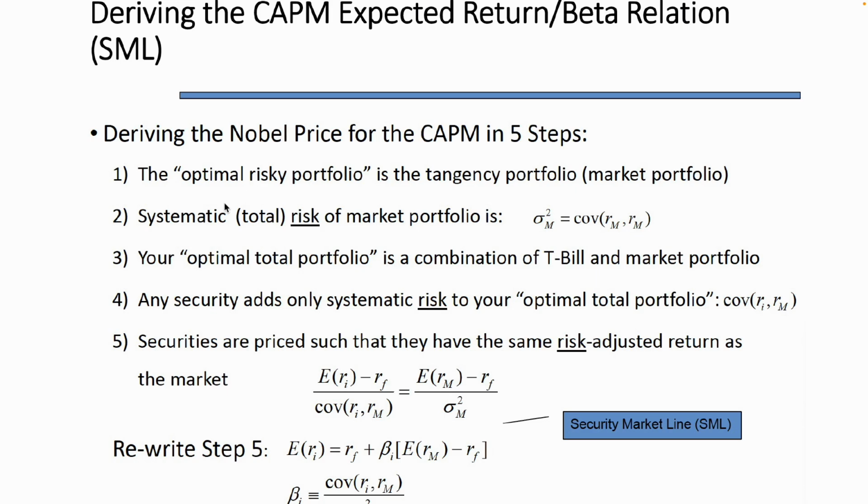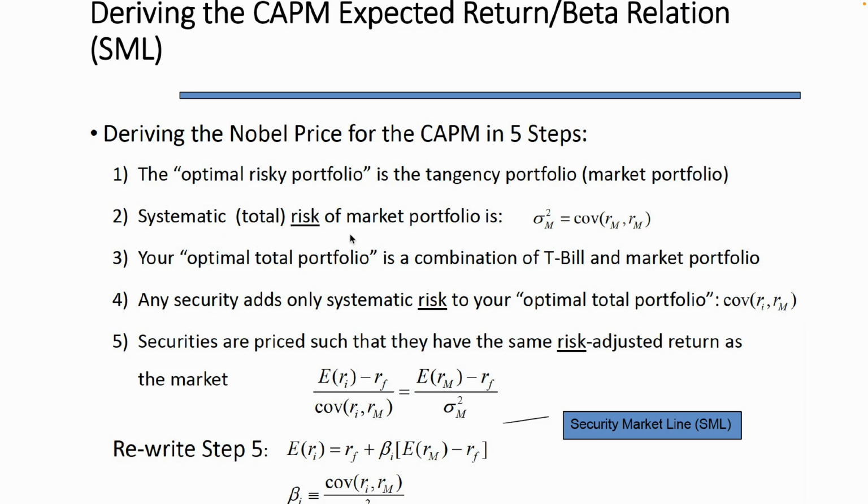Okay. Now, the second step. What is the systematic risk? Now, systematic risk is the risk you cannot get rid of if you hold a very well-diversified portfolio. Now, the best diversified portfolio is the market portfolio. Therefore, systematic risk from now on will also be called market risk.